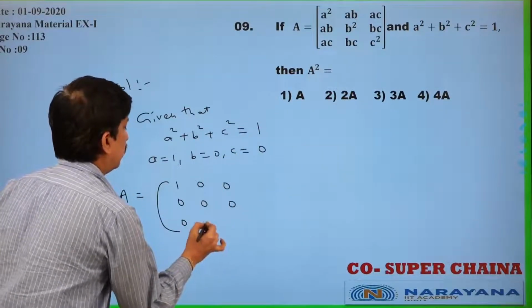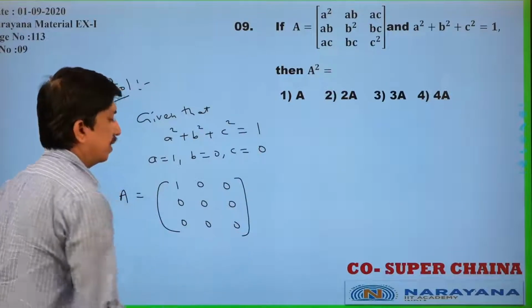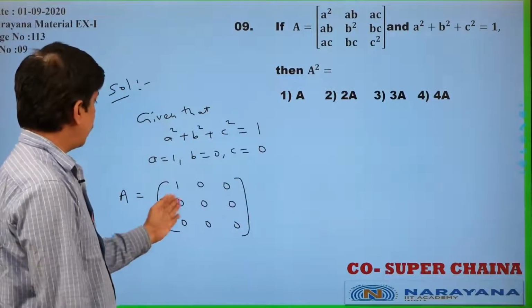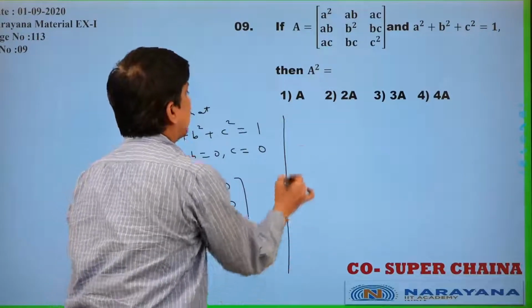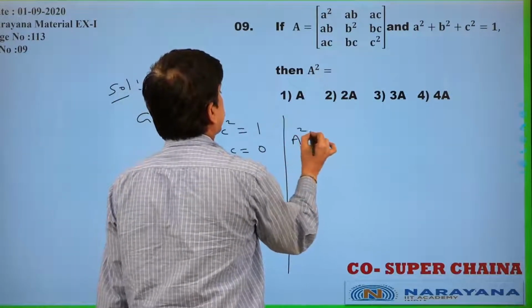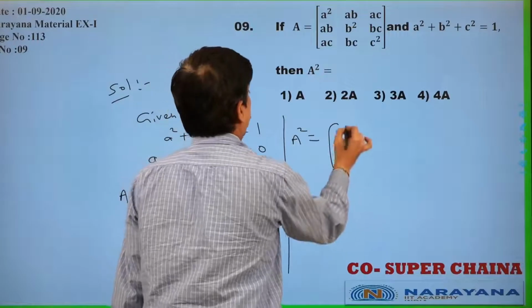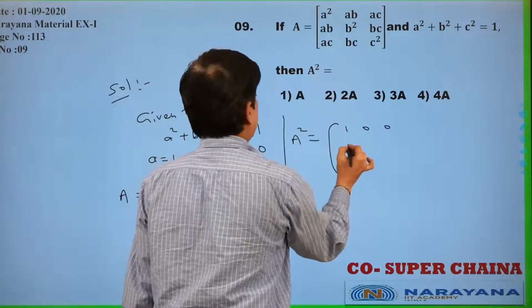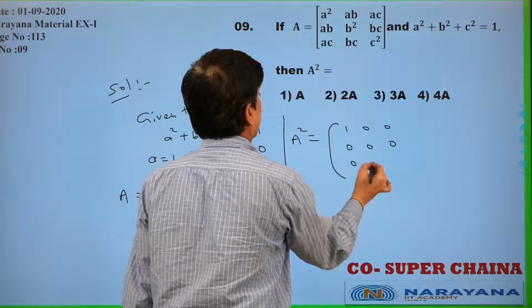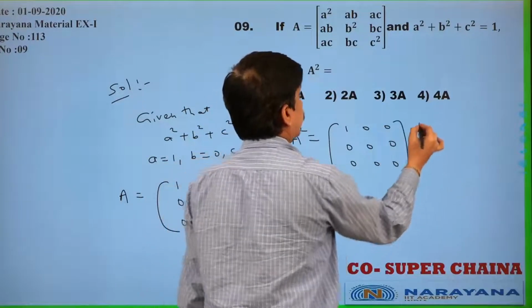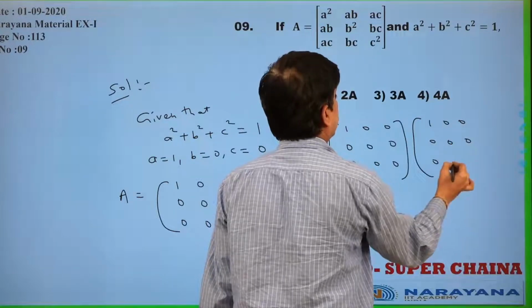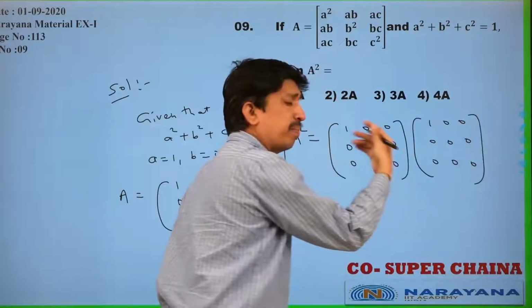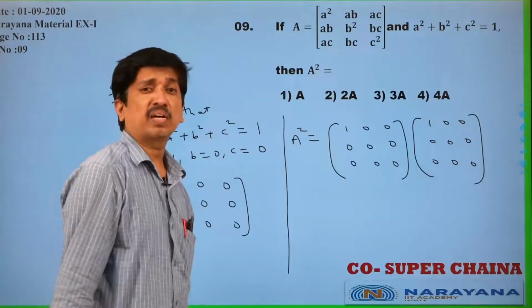So A is the matrix with 1 in the first position and all other entries 0. Now I will do A². A² is this matrix into this same matrix. Easily you can multiply this because a lot of zeros are there.